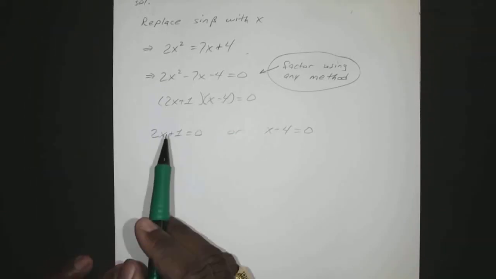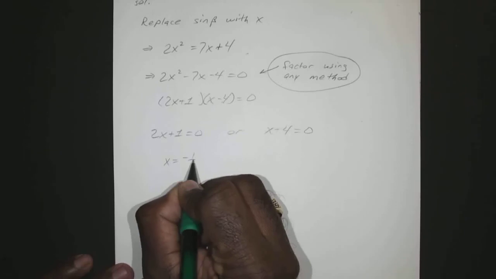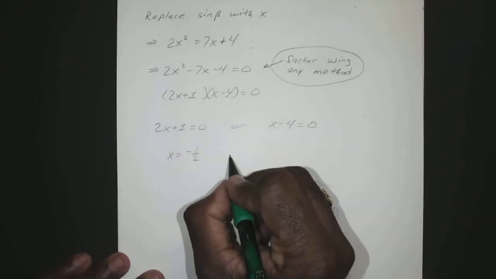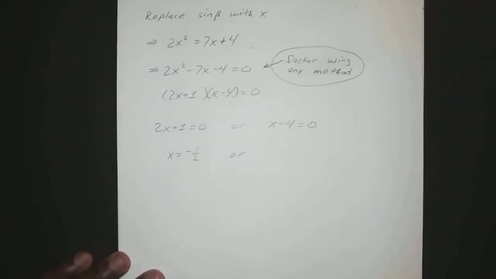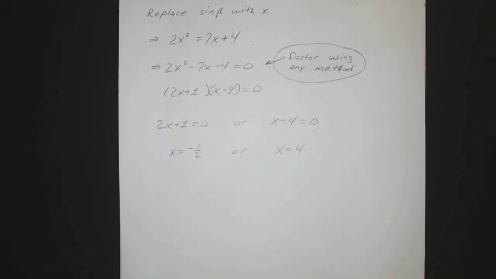Okay. So if we subtract 1, then divide by 2, x can equal negative 1/2. Or if we add 4 to both sides, x can equal 4. Okay. So now we just go ahead and replace our sine of theta in this case.